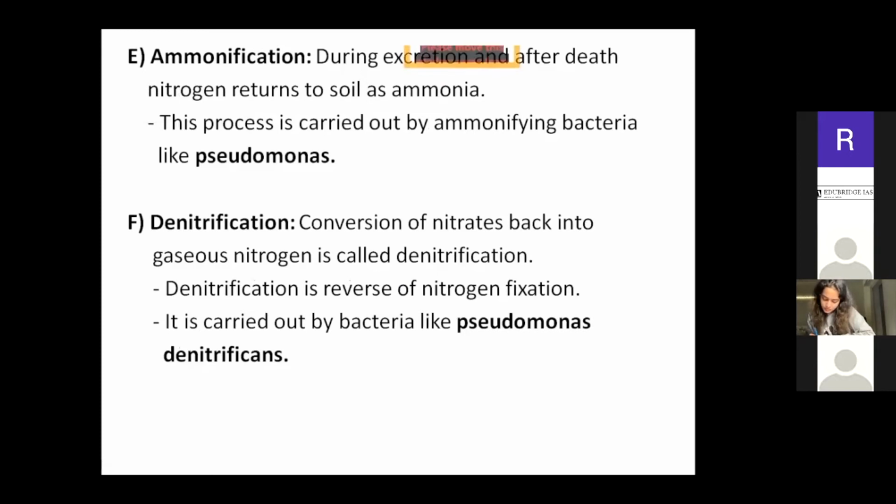There are certain bacteria which are called ammonifying bacteria, like Pseudomonas, and these bacteria act upon excreted material, uric acid or urea, or they act upon dead organic matter to release nitrogen to the soil as ammonia, right? So the nitrogen that is present in the bodies of this organic matter is released back into the soil in the form of ammonia.